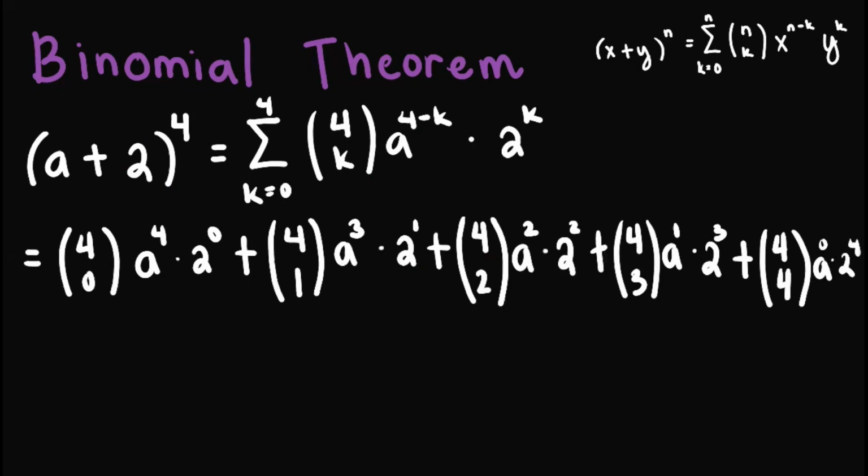Now, the first thing that we can simplify is, recall that when a number or a variable is raised by 0, like this one and this one, this simply is equal to 1. So we can remove this one and this one to clear out some space.